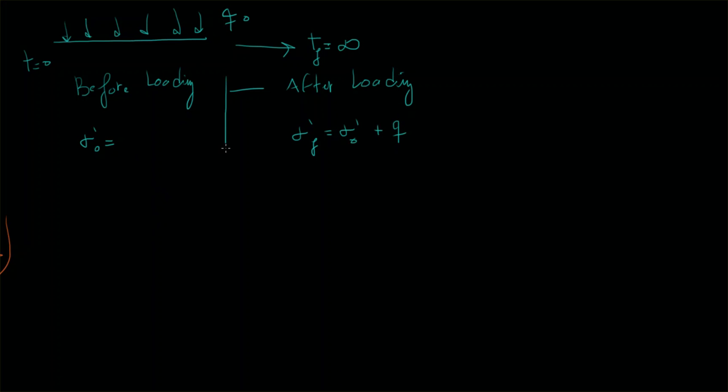That was the previous case. However, now after loading, we broke this down into time equal to 0 and time equal to infinity. So why this distinction? At time equal to 0, to explain this, we need to talk about this experiment. Let's say we have a tank.